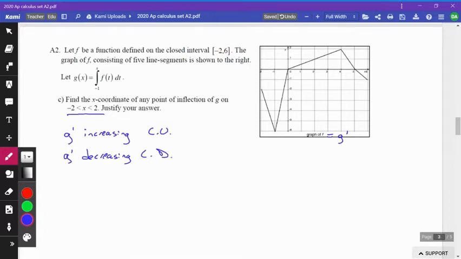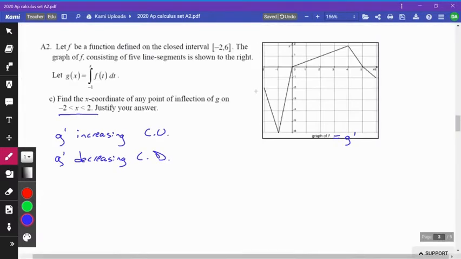So if I'm taking a look here, g prime is decreasing here, and then it's increasing here. So I get a point of inflection right there because g prime is going from decreasing to increasing. Here, g prime is going from increasing to increasing, so that's not one.